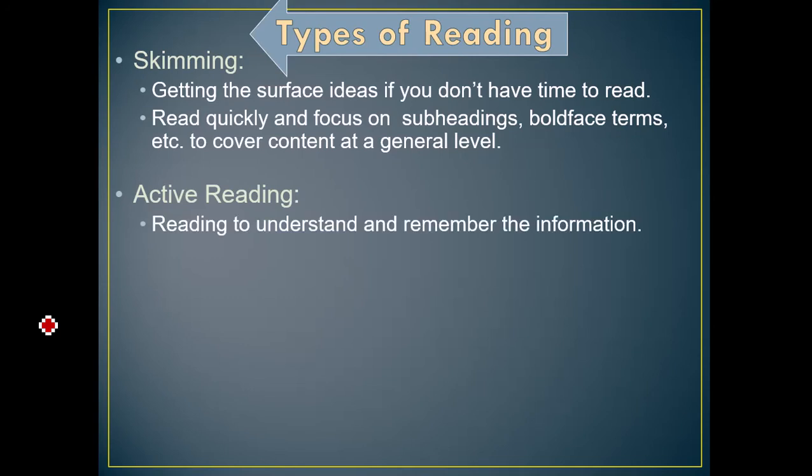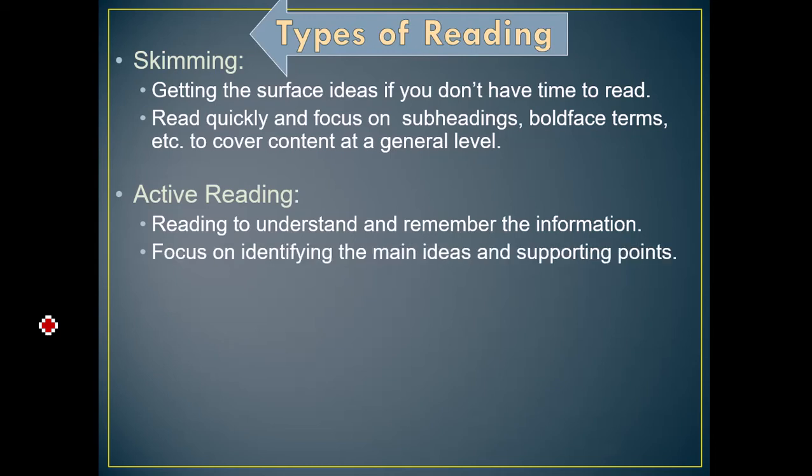Active reading is a little bit deeper. Active reading is where we read to understand and remember the information. So if you have a textbook that you are trying to memorize certain points from for an exam or for something that will apply later in a career, or if you are reading a book for fun and you want to understand what's going on in the book and remember the plot points.